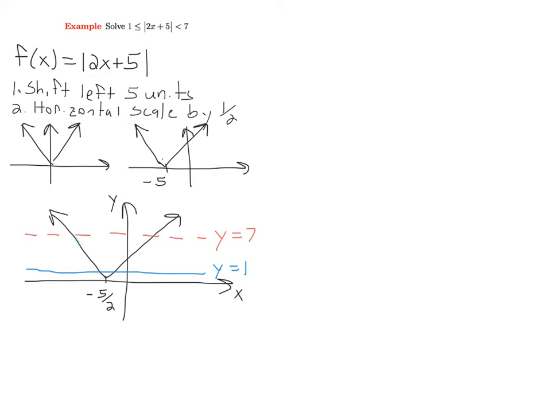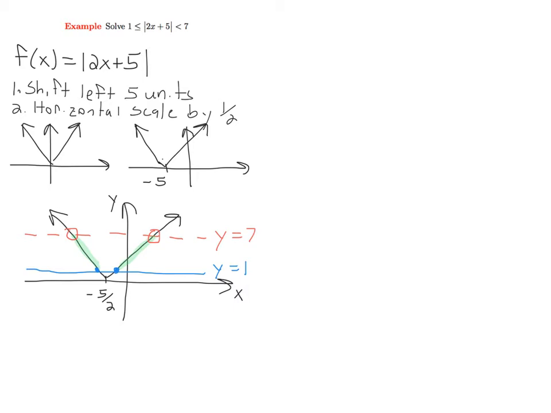So we see a picture of the region, the interval of x values that we're trying to find. Namely, those values that are in this green zone over here that fall between these two horizontal lines. And over here, I'm going to exclude this point of intersection. So I'm going to put a big open circle there. I'm going to exclude that one. And down here, we're going to include each of those.